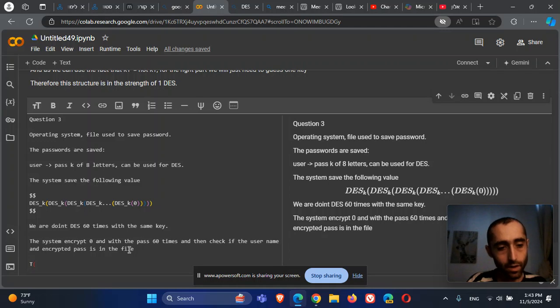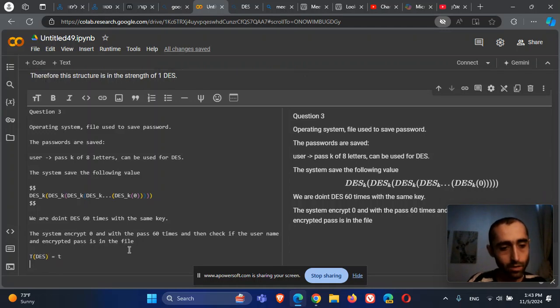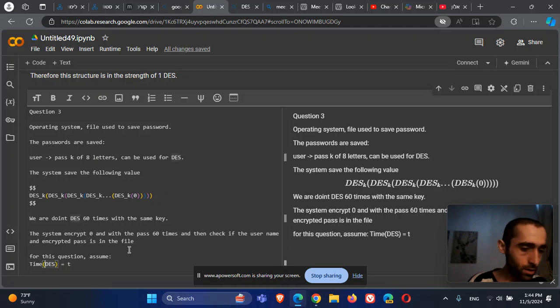The time it takes for one DES equals t. Assume the time for this encryption is the variable t.